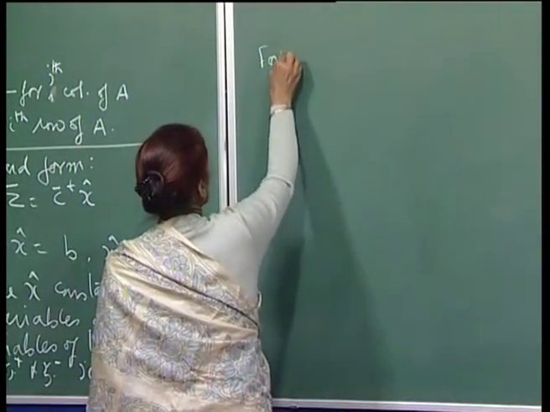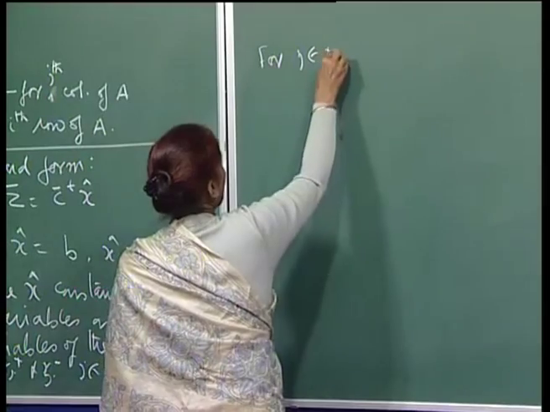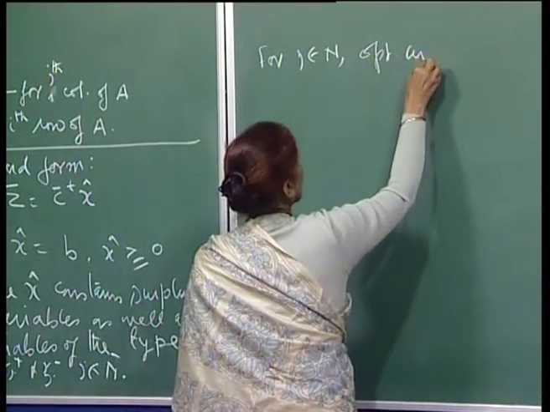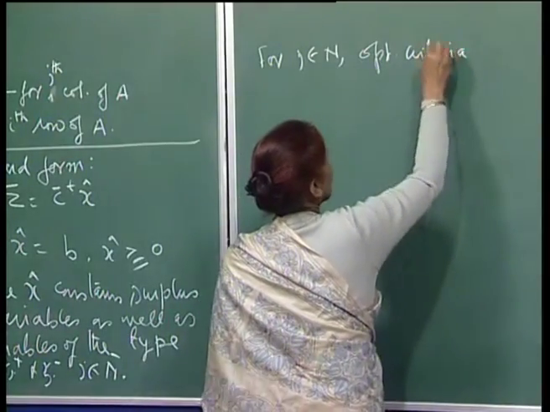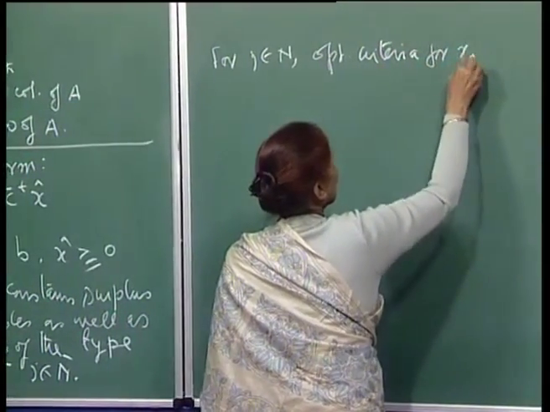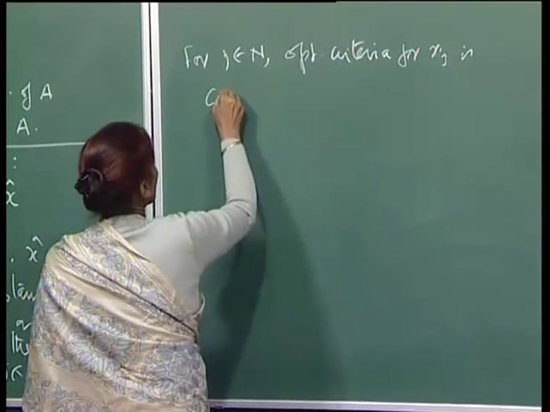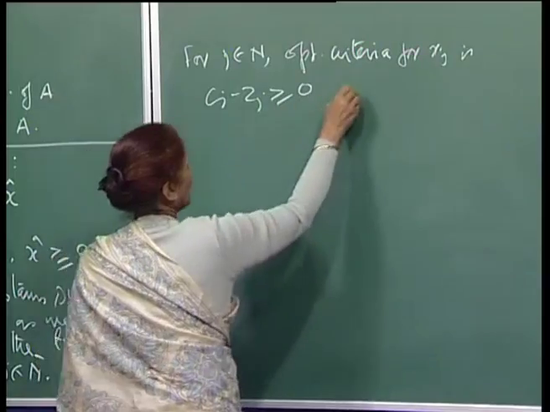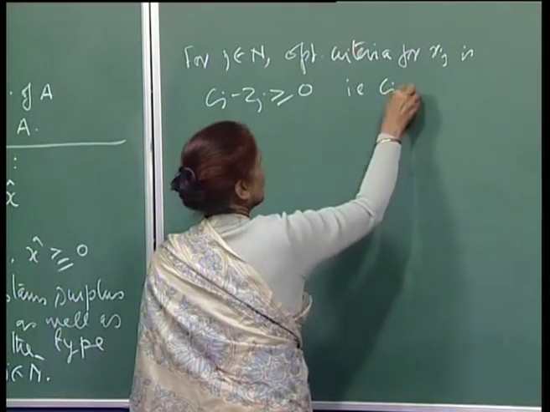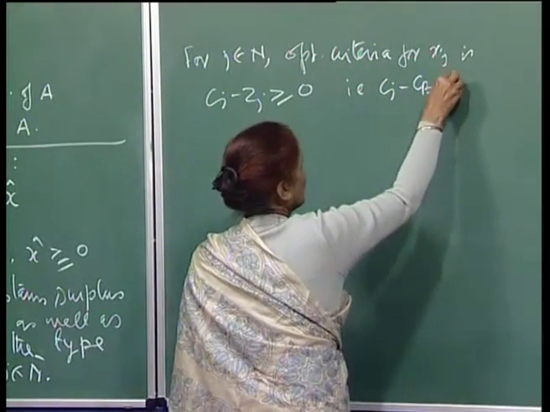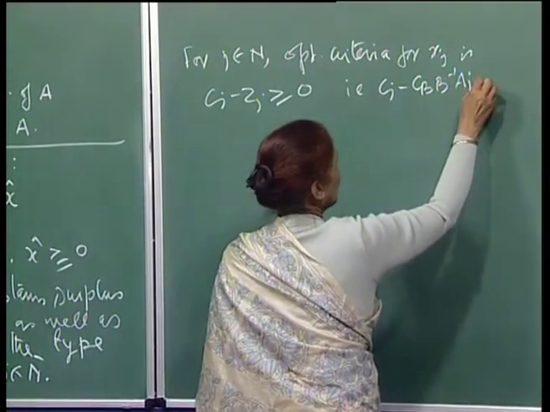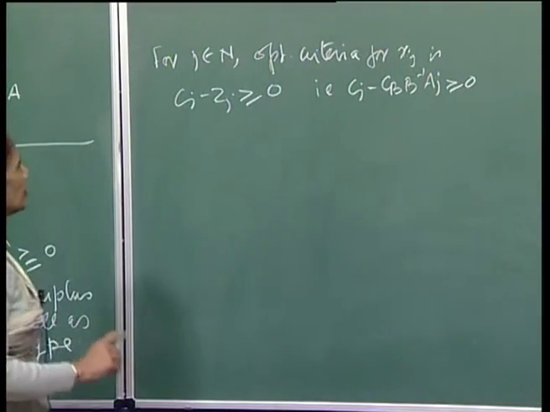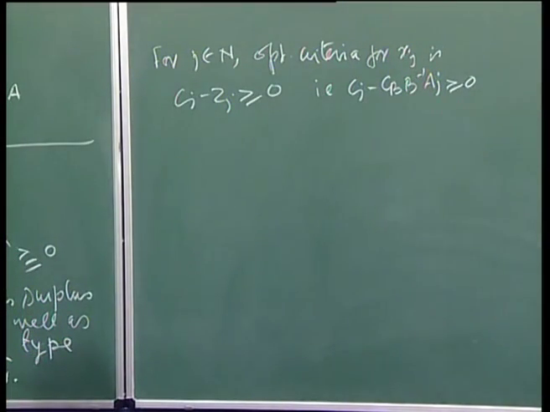For j belonging to n, the optimality criteria for xj is Cj minus Zj greater than or equal to 0, that is Cj minus Cb B inverse Aj is greater than or equal to 0. Yes, for j belonging to n, this is my optimality criteria.